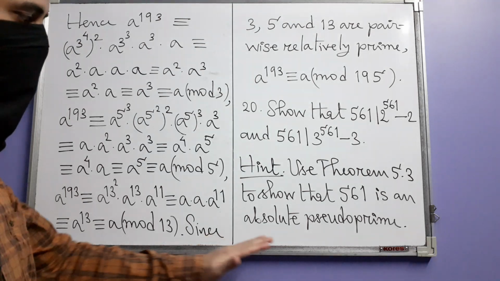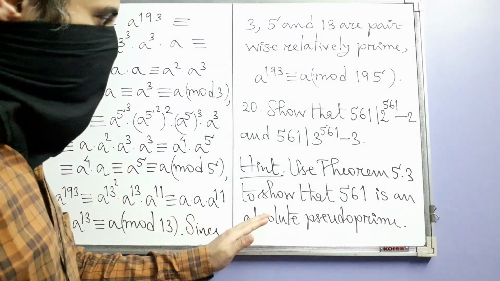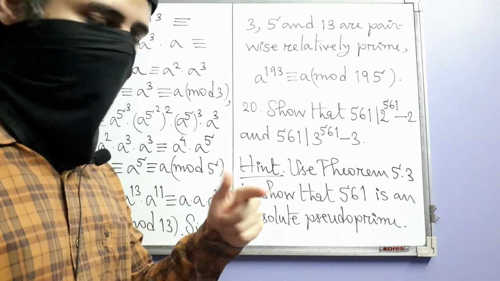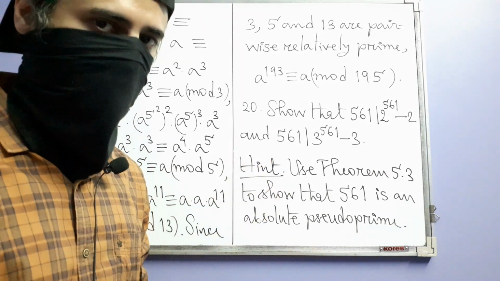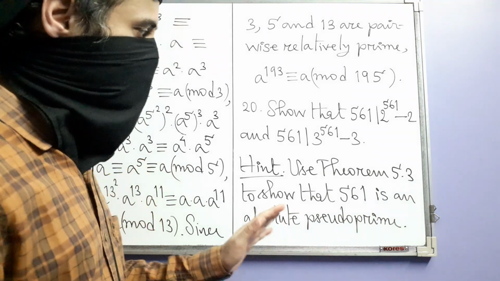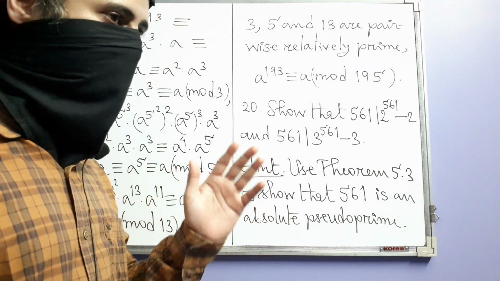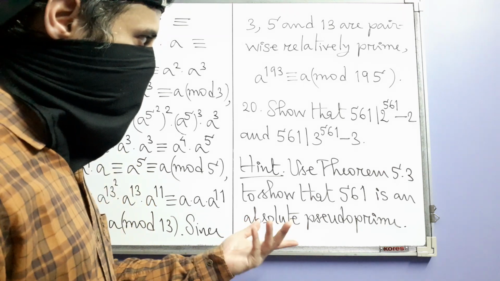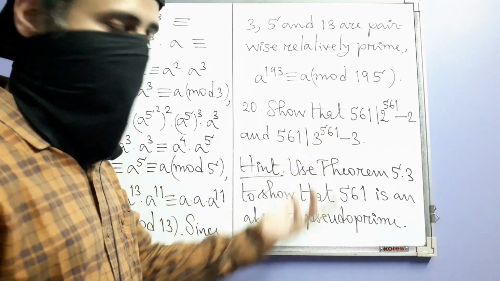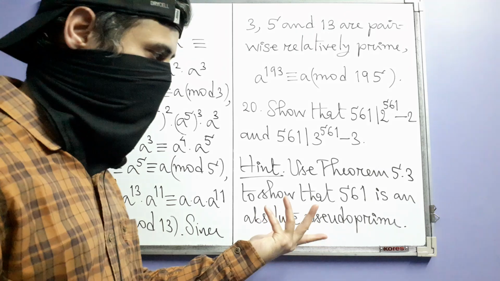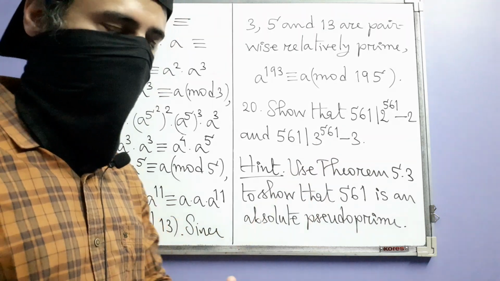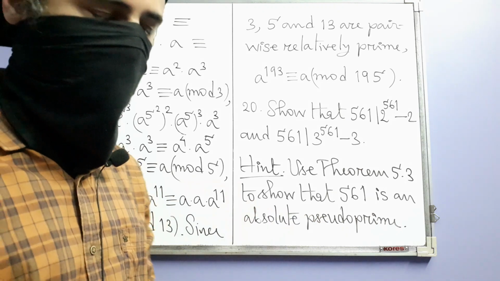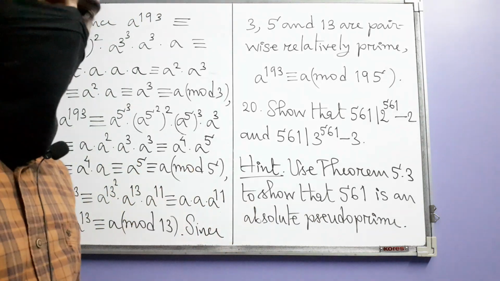So, if you show that thing, what will happen? A to the power 561 will be congruent to a modulo 561 for any integer a. In other words, 561 will divide a to the power 561 minus a, and then in place of a you can take 2 and 3. So, there also these divisibility relations will be true. So, automatically these two things will come out as consequences. So that way you can do this.